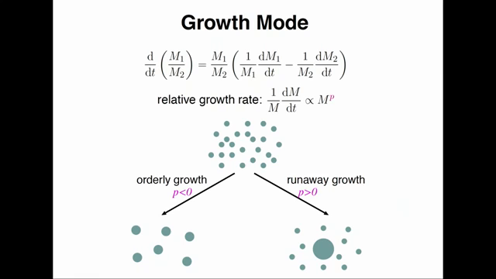I just expanded it. From this equation, we know it is this relative growth rate that governs the growth mode. Now we assume this relative growth rate is proportional to some power of mass, p.